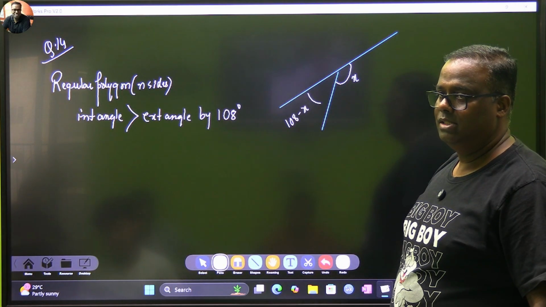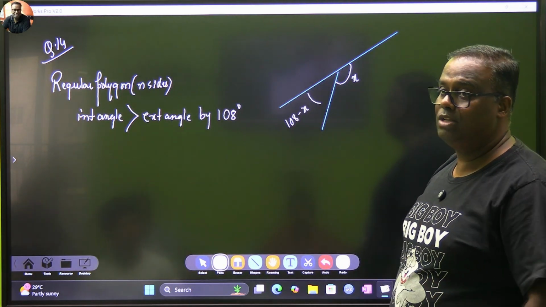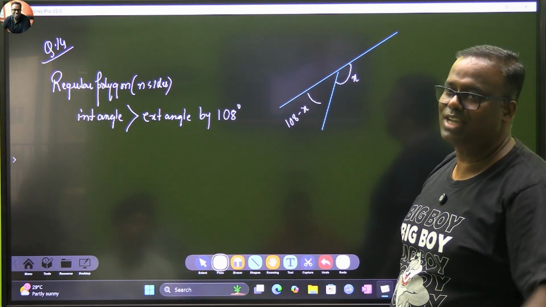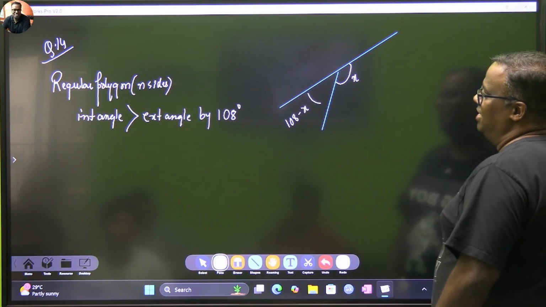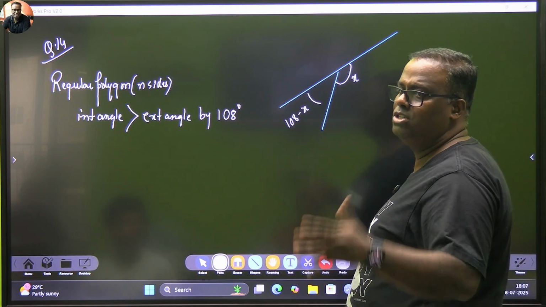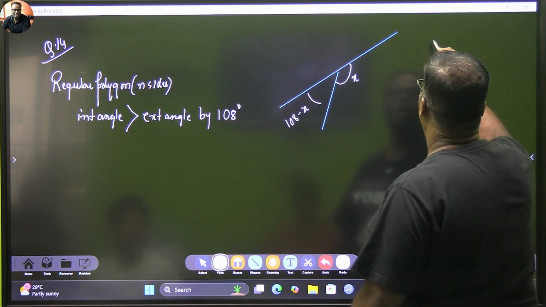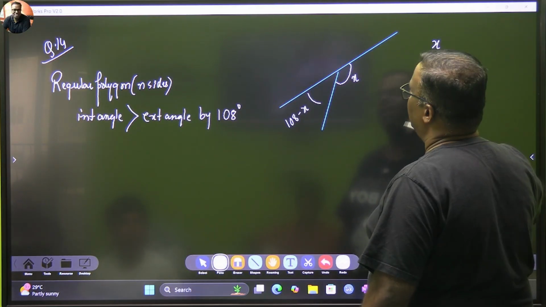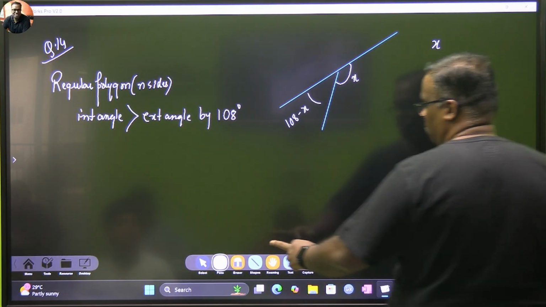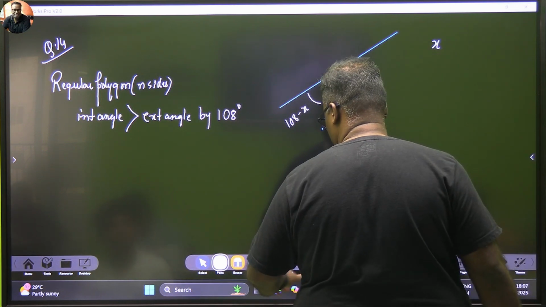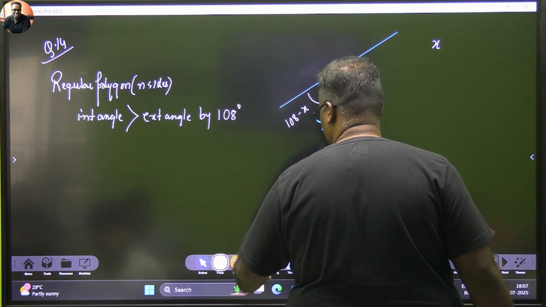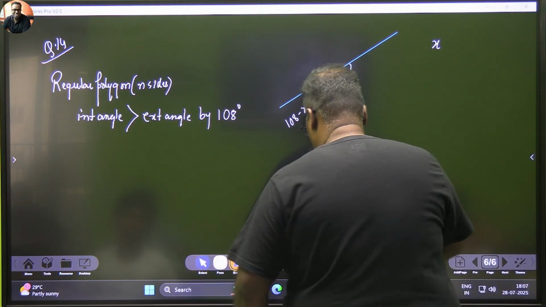Now you have to find the value of x, each internal angle, then we can find the sides. If you add both of these, it should be 180 degrees. Oh, sorry. This is not 108 minus x. There's a catch out here. My mistake.